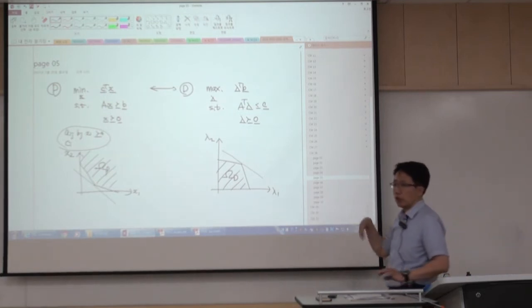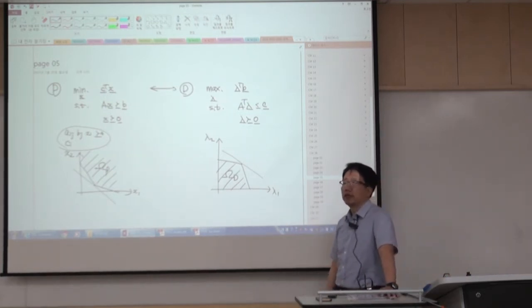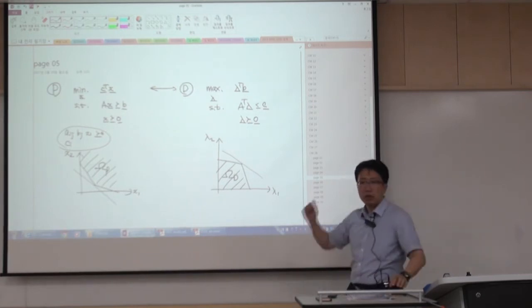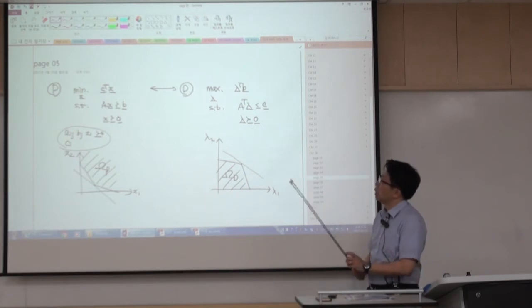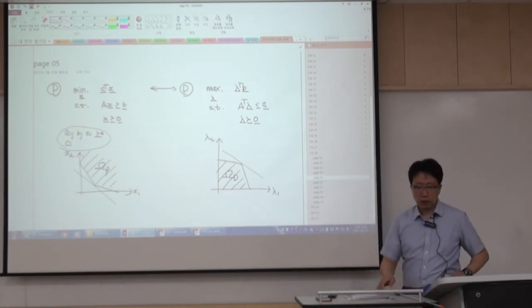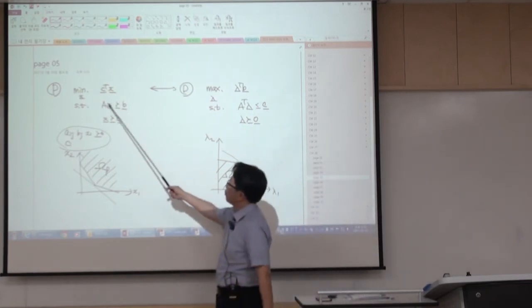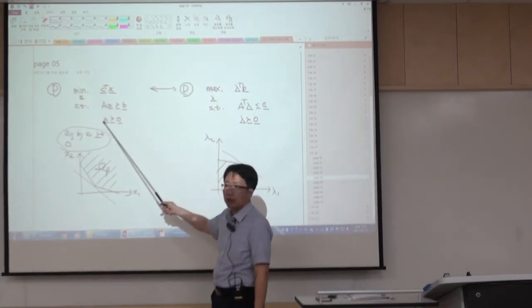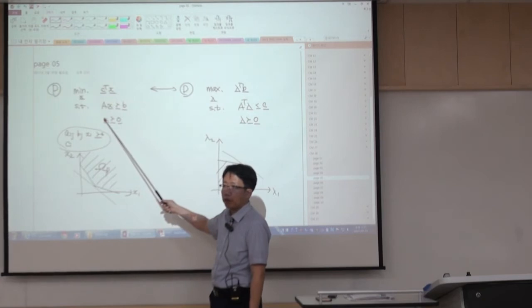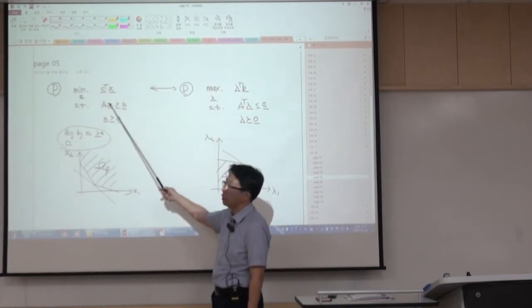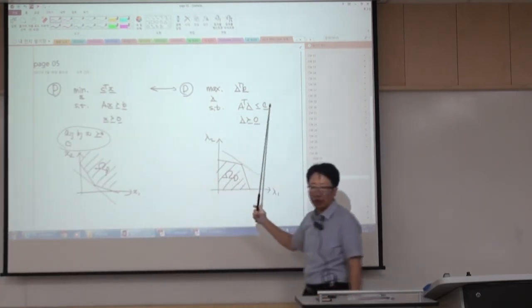Just use what I told you about how to define the Lagrangian, and you infimize the Lagrangian function to find the dual function. Sometimes you remove the variable lambda. Here, you need to introduce two lambda variables for two inequality functions. But anyway, you will end up with this. Got it?